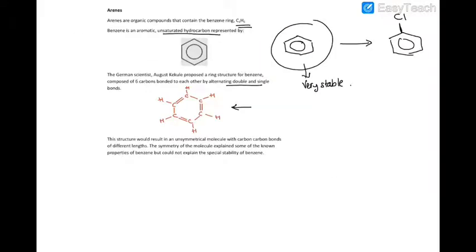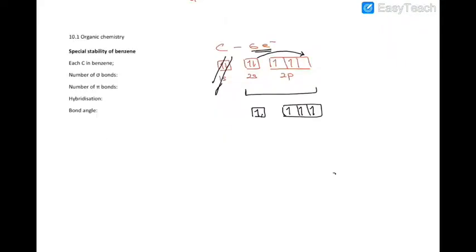Now when we look at this carbon here, we find that this carbon is forming 1, 2, 3 sigma bonds and then 1 pi bond. So there are 3 sigma bonds and then 1 pi bond. So these 3 are used in sigma bonding, and this one here is an unhybridized electron.